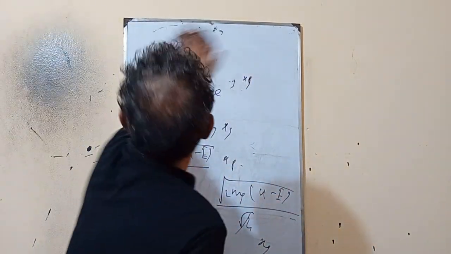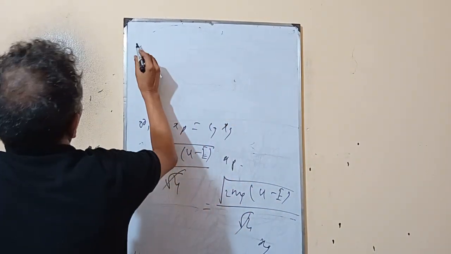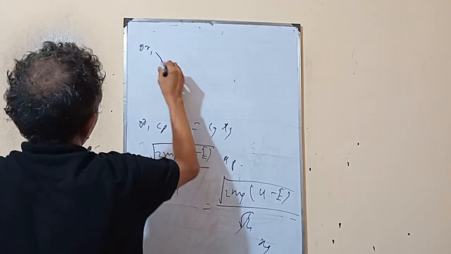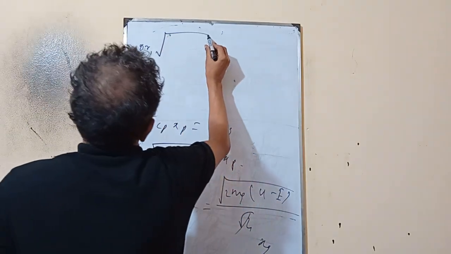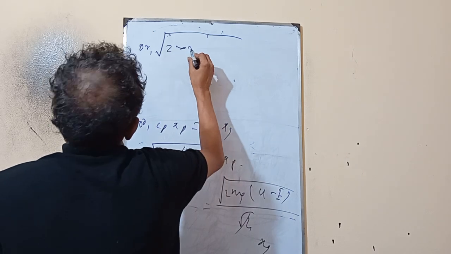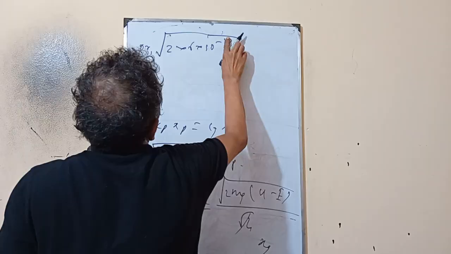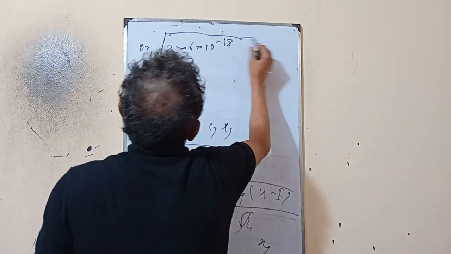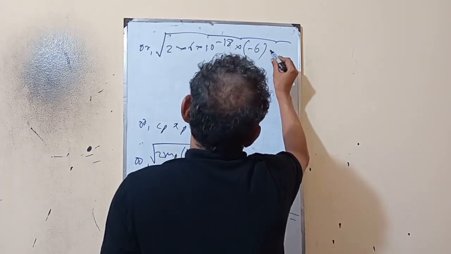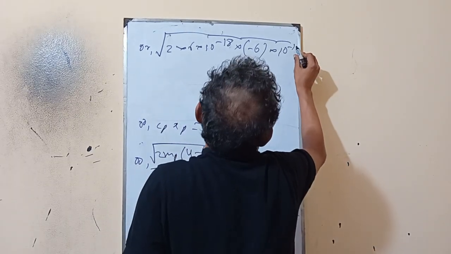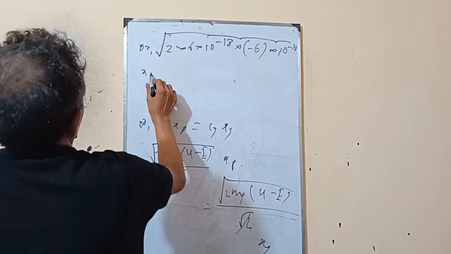Now we have to calculate what? 6 into 10 to the minus 18, into minus 6 into 10 to the minus 18, and then XP.